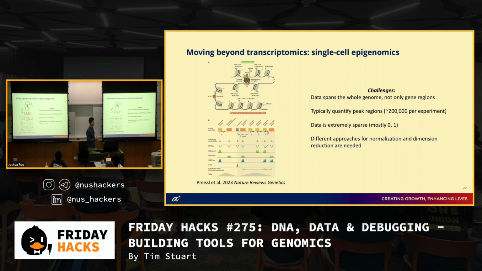And the data is even more sparse, because now you're measuring DNA, and we know we have 2 copies of the genome in each cell for humans. So most of the measurements are going to be 0 or 1 and extremely sparse. More than 90% of the entries in your matrix are going to be 0. So there are different challenges associated with that.